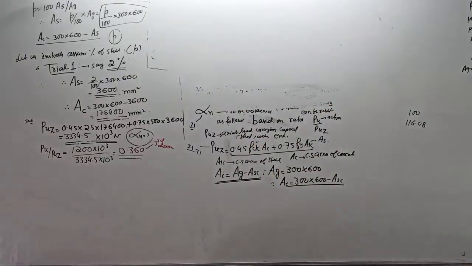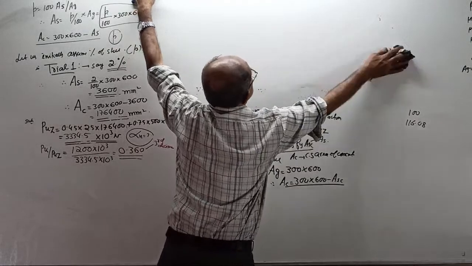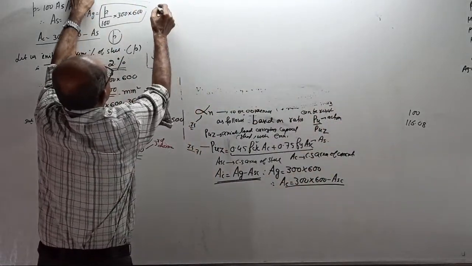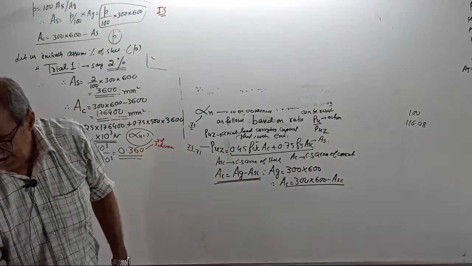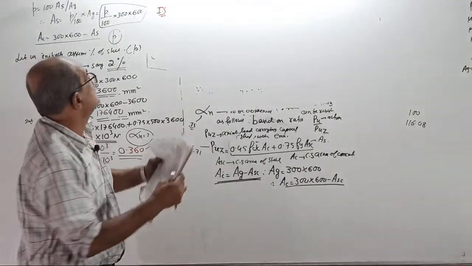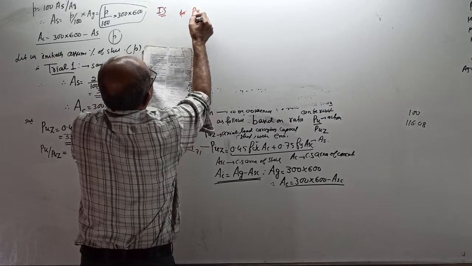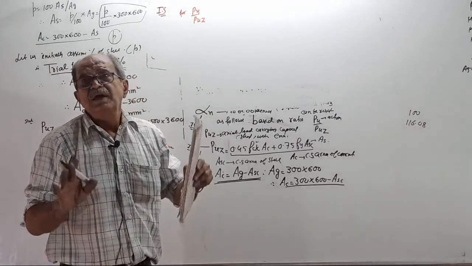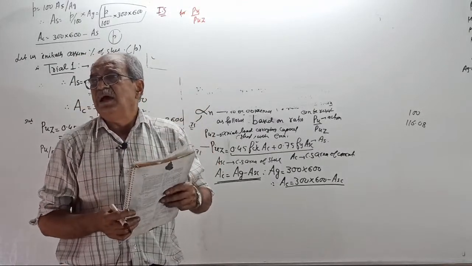Once you get PU by PUZ, refer to IS code. IS code told very clearly, remember, PU by PUZ is a non-dimensional parameter, a ratio.